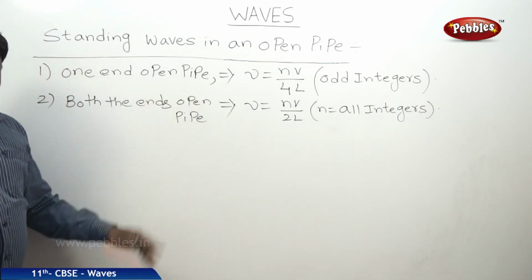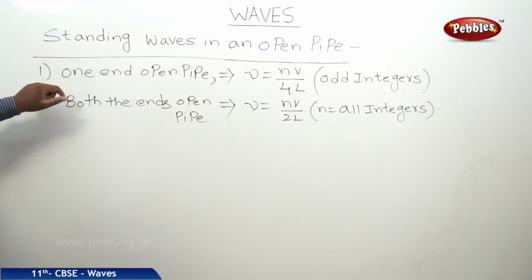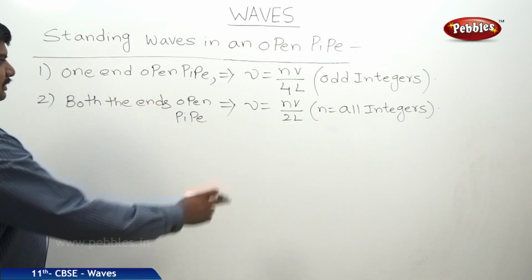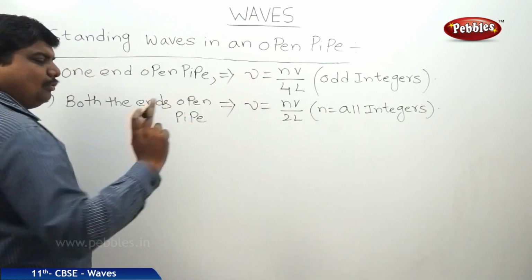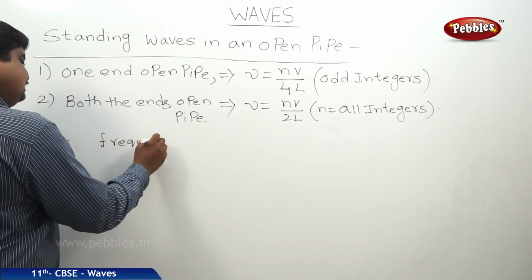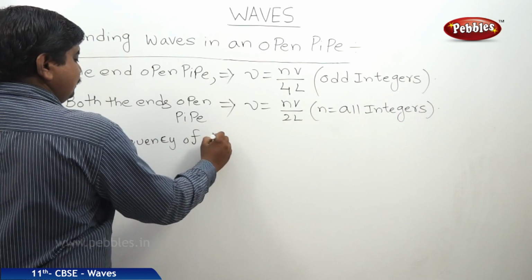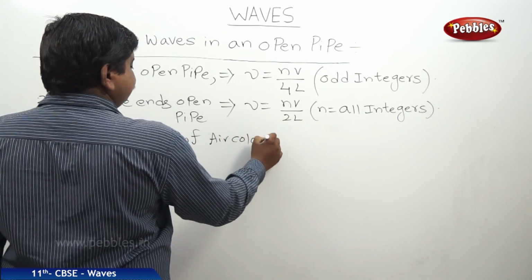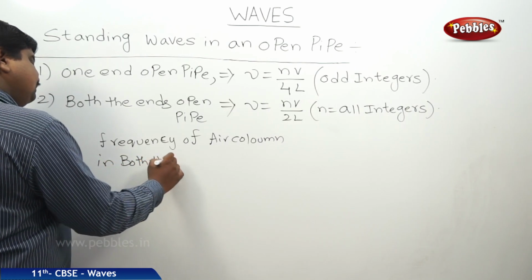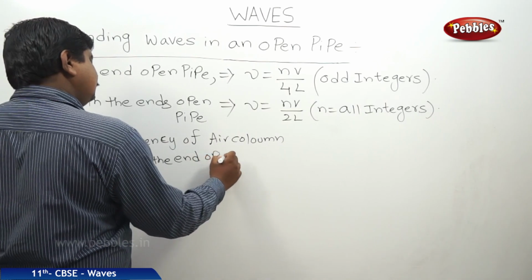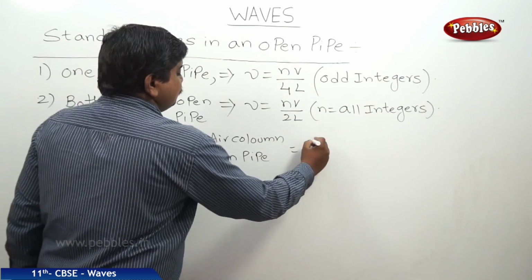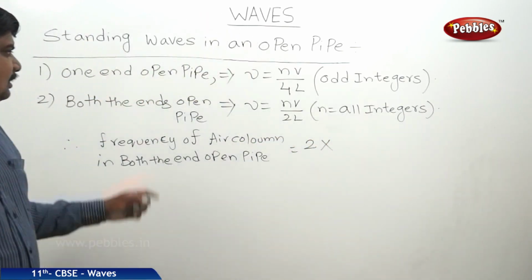So if we compare these two equations, the frequency of the both ends open pipe is 2 times the frequency of the one end open pipe. So the frequency of the air column in the both ends open pipe is equal to 2 times the frequency of the one end open pipe.